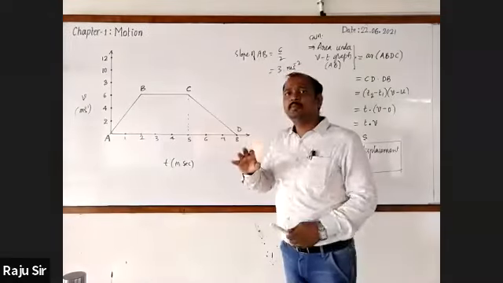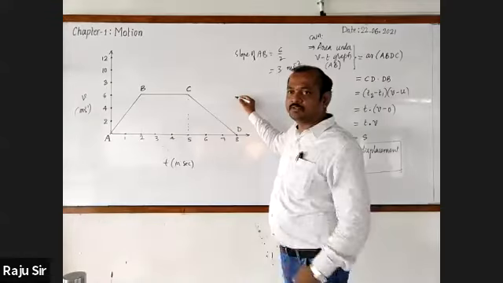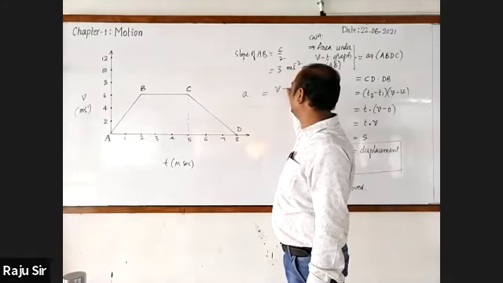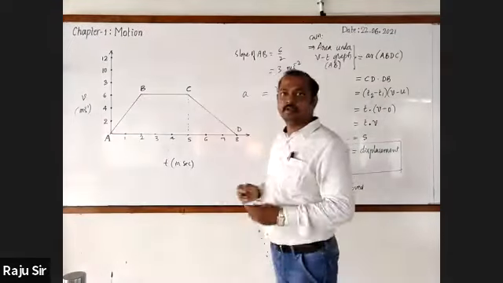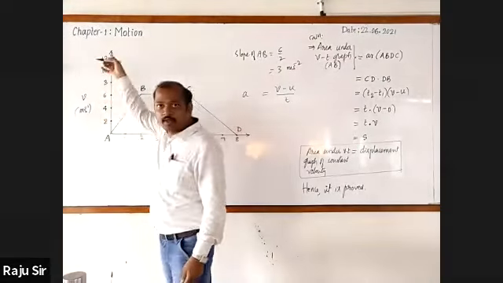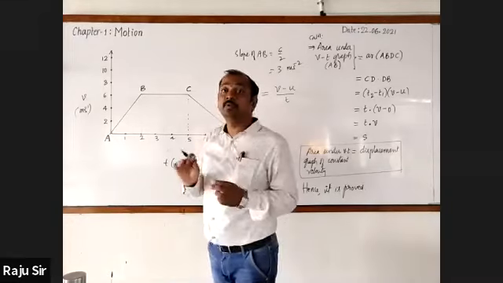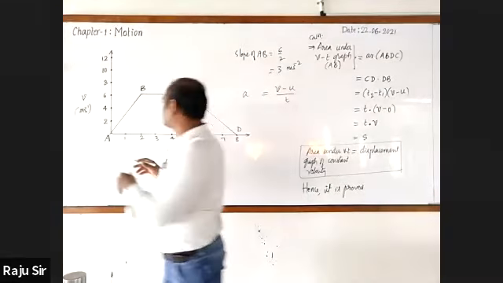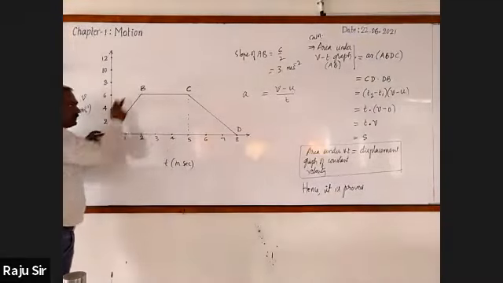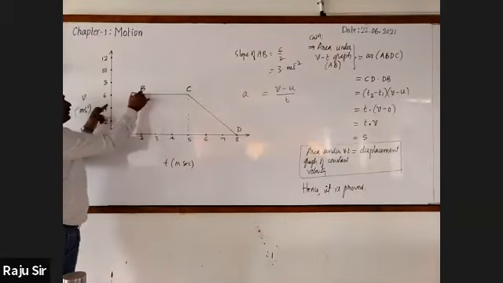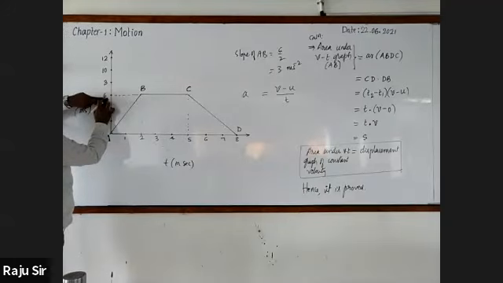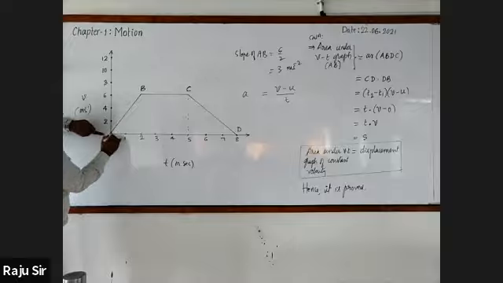Okay. Based on formula, I ask you to find out the acceleration of the body. It is A is equal to V minus U by T. It is the velocity axis. In that, we want final velocity and initial velocity. So, AB part will represent the acceleration. Final velocity is 6 meter per second and initial velocity is 0.